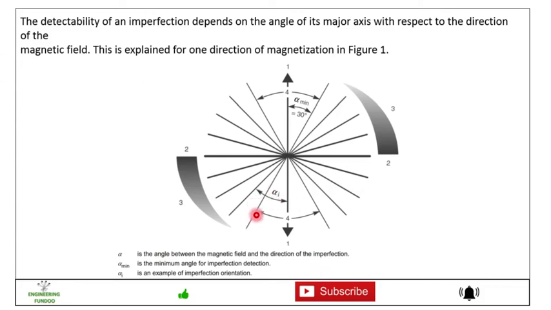This is the direction of imperfection, this is the direction of the field, and alpha minimum is the angle minimum for imperfection detection, and A1 is an example of imperfection orientation. So here you can see the imperfection orientation and the minimum angle required for detection of imperfections.